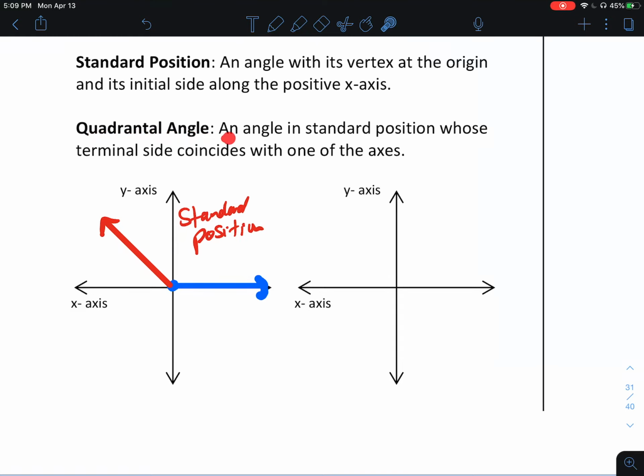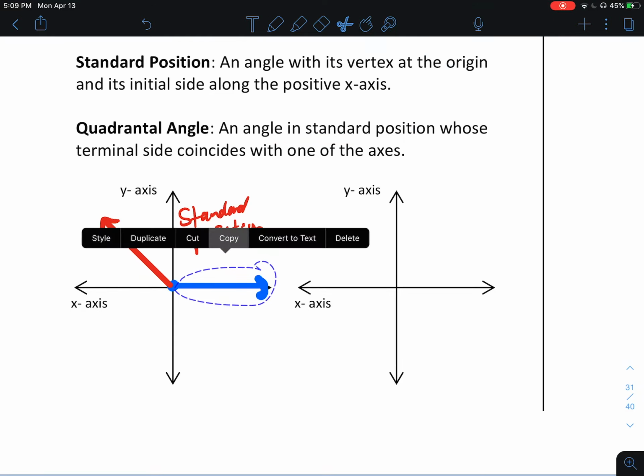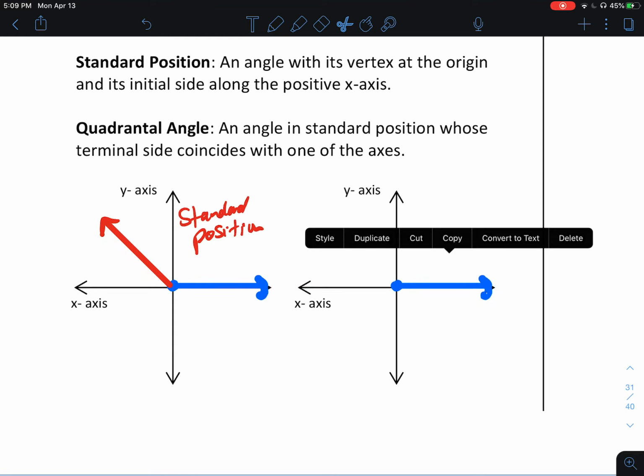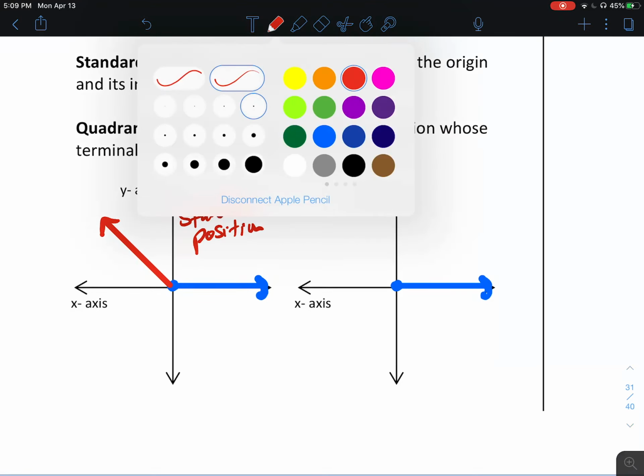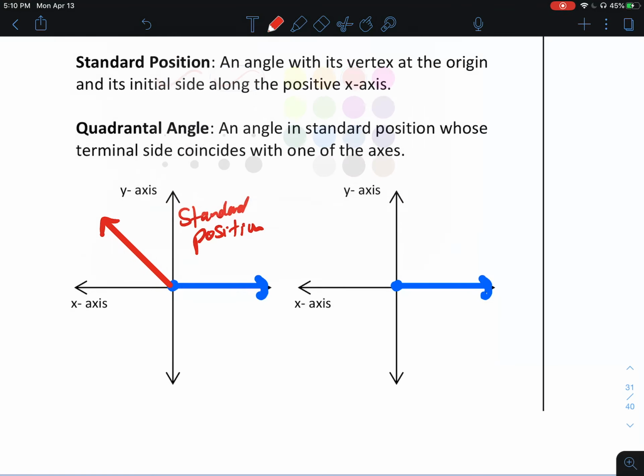Quadrantal angle: an angle in standard position. So that tells us right away that the initial side is on the positive x-axis, vertex at the origin, whose terminal side coincides with one of the axes. So, for example, this is a quadrantal angle.